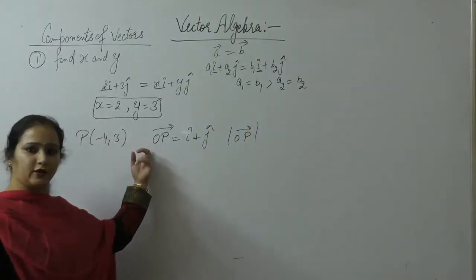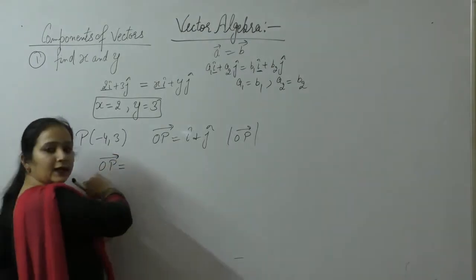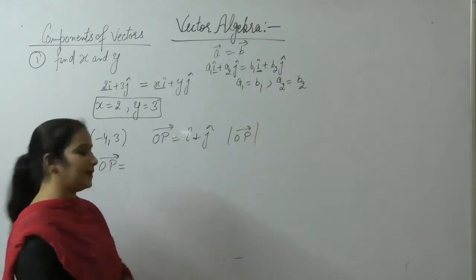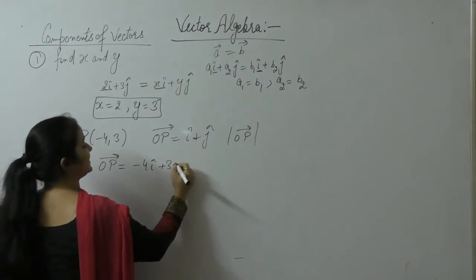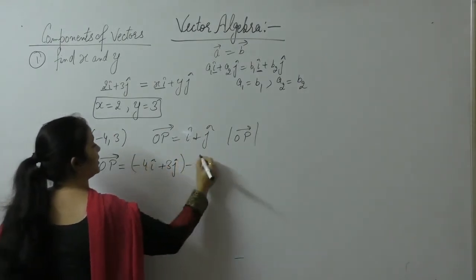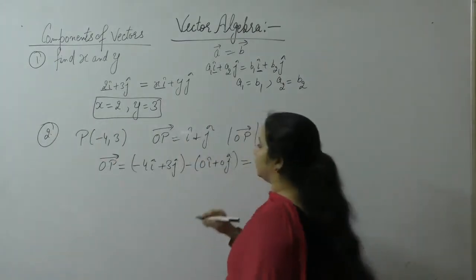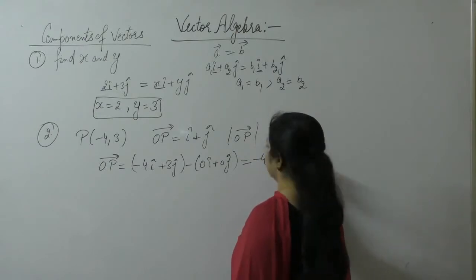O is the point of origin, therefore OP vector is the position vector of P minus the position vector of O. Since O is the origin, therefore (0, 0), minus (-4i plus 3j cap). Origin vector is 0i plus 0j cap. Therefore OP vector is equal to -4i plus 3j.